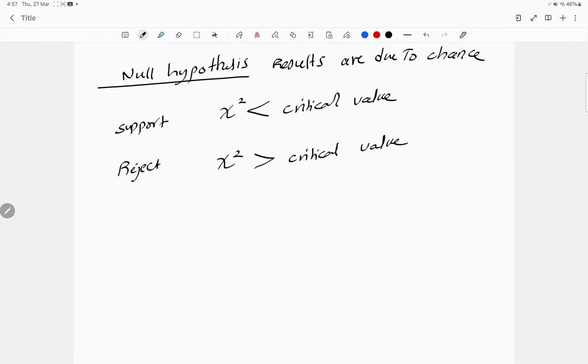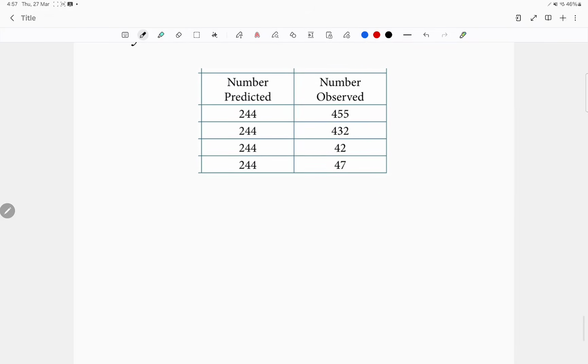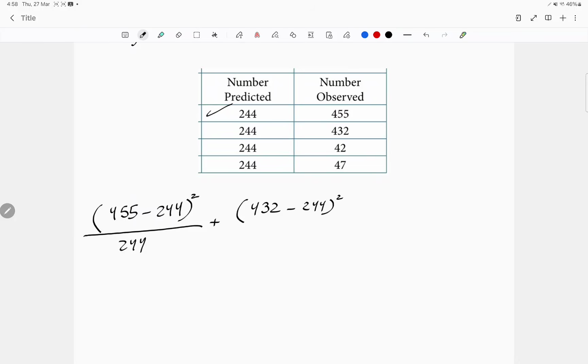And now it's time to do the chi-square test. Okay, so now I'm going to be doing observed minus expected or predicted squared over expected, which is the predicted. I do it for the first row. Then I do it for the second row.